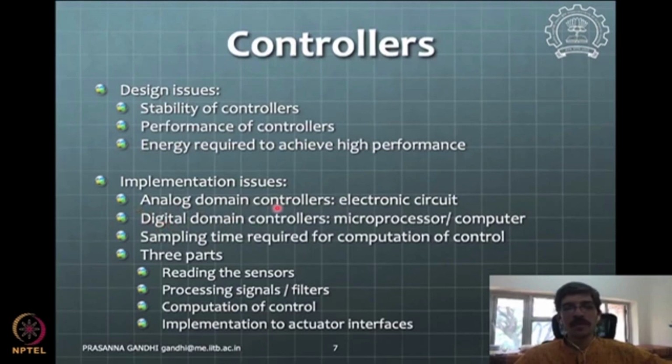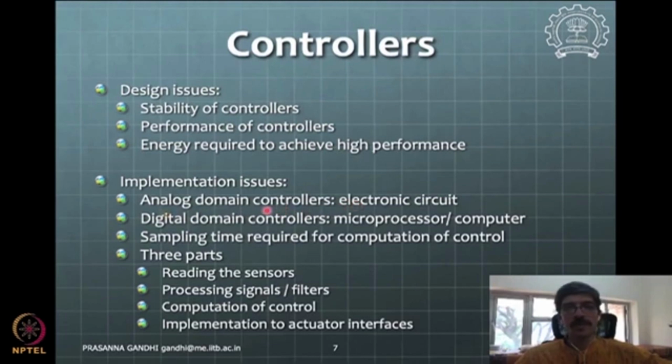Analog domain controllers are getting phased out nowadays because we cannot change their gains once the circuit is made. Tuning gains and making changes in the control algorithms is difficult.